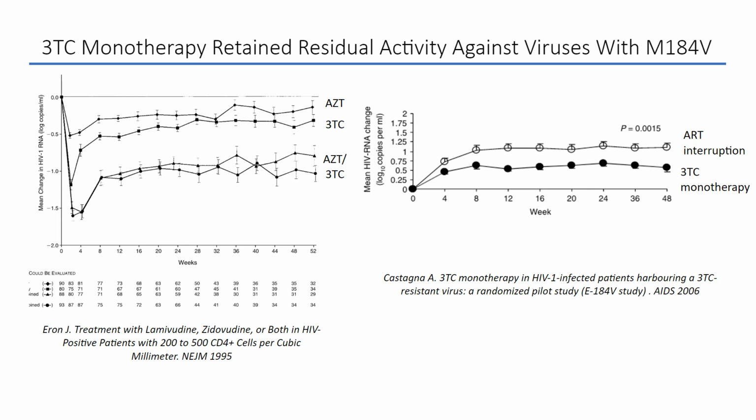This study and at least one other similarly designed study were coincident with the four aforementioned 3TC monotherapy trials, showing that the use of 3TC in persons with viruses harboring M184V was also associated with an approximately 0.5 log sustained reduction in virus load.